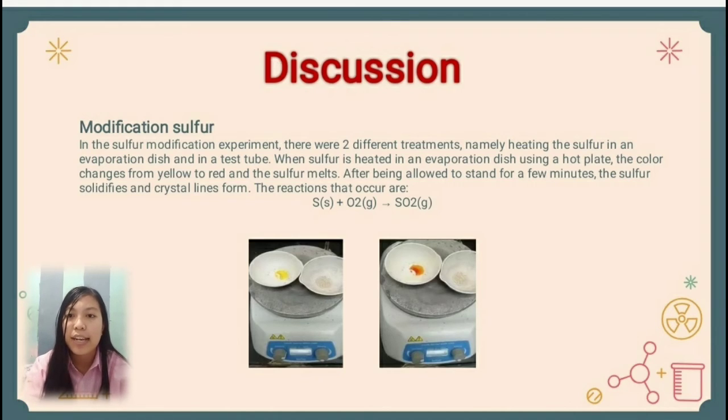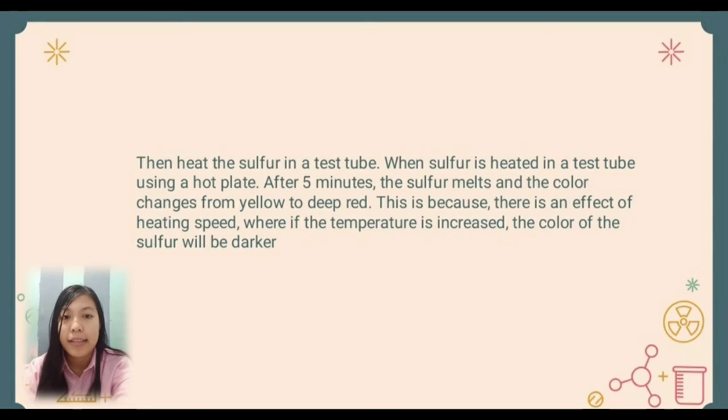The reaction that occurs is S plus O2 produces SO2. Then the sulfur was heated in a test tube. When sulfur is heated in the test tube using a hot plate, after 5 minutes the sulfur melts and the color changes from yellow to deep red.